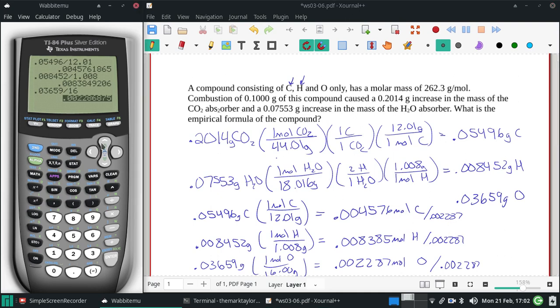So 0.004576 divided by the 0.002287 is 2 on the nose, or close enough.